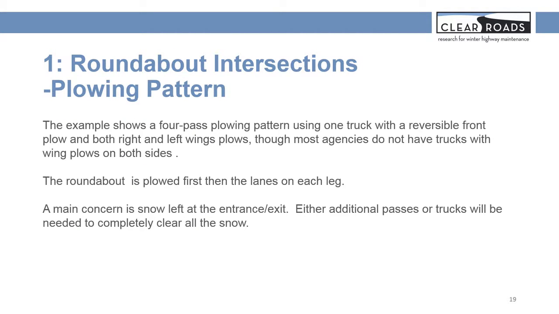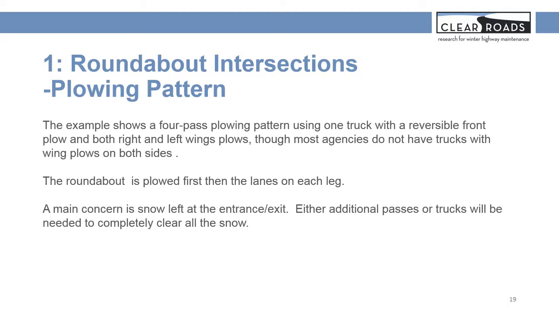In these best practice examples, we just use one truck and complete the clearing with 4 passes. This truck has both the left and the right wing plow. It's not very common, but still that's the safest and most efficient way to do it. The roundabout is plowed first, and then the legs.